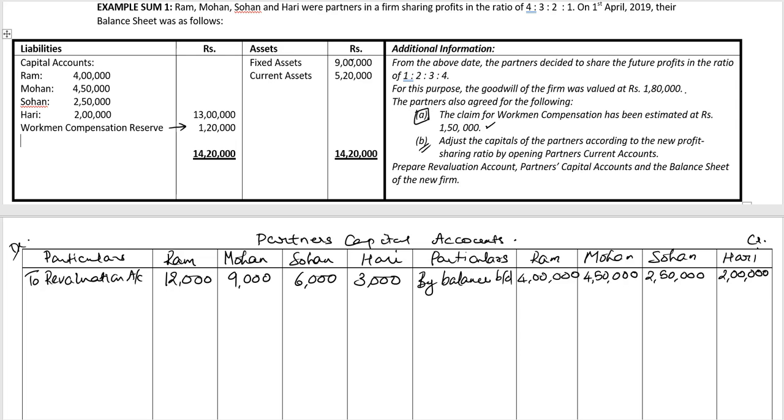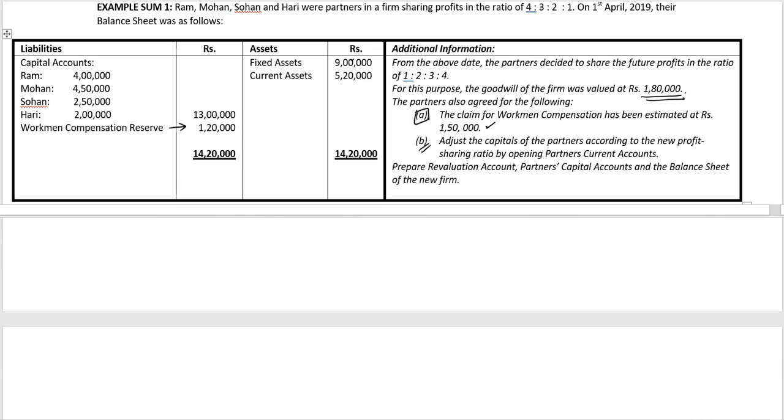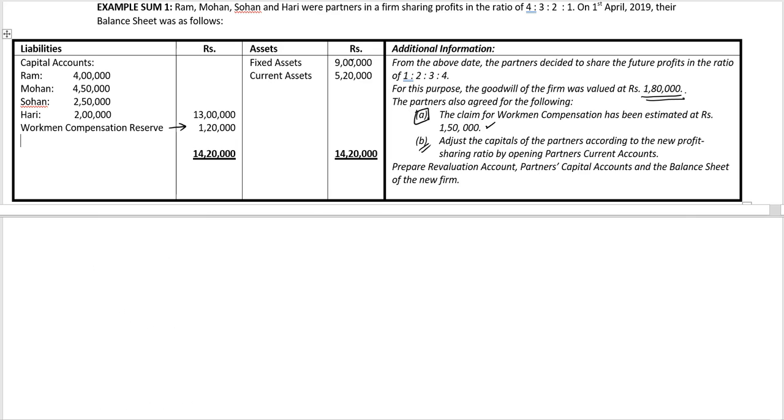Next, we need to deal with goodwill. So let's go down to the working note to calculate the gain and sacrifice of each partner. The working notes at the bottom.